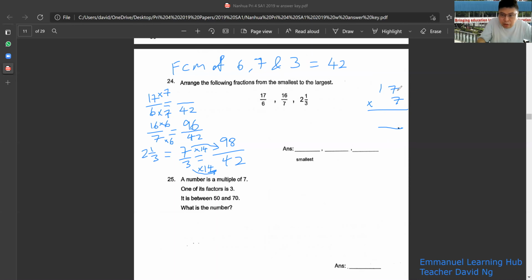We're going to do it again. So this one you tell me, 7 times 7 is how many? No. What is 7 times 7? Okay, your multiplication timetable again. 7 times 7 is how many?